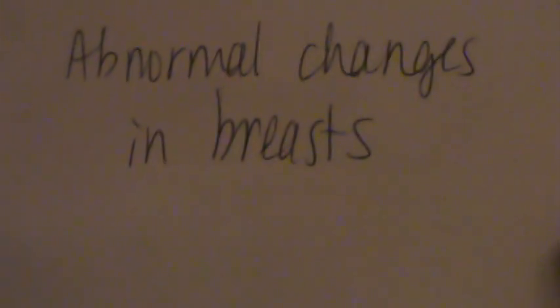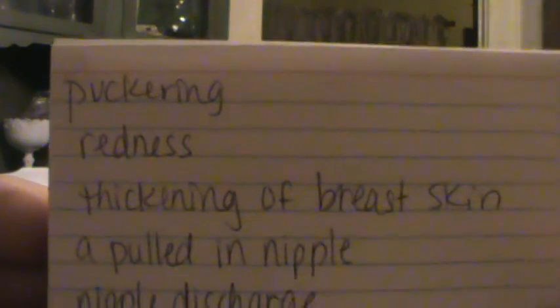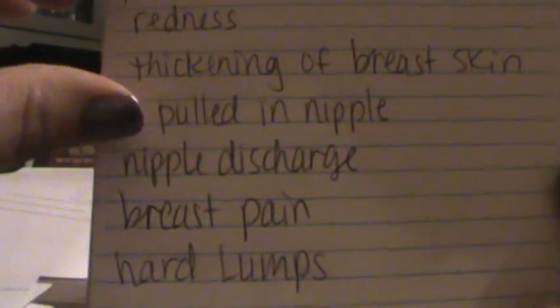Which should not be confused with the abnormal changes in the breasts, which include puckering, redness, thickening of breast skin, a pulled-in nipple, nipple discharge, breast pain, or hard lumps.